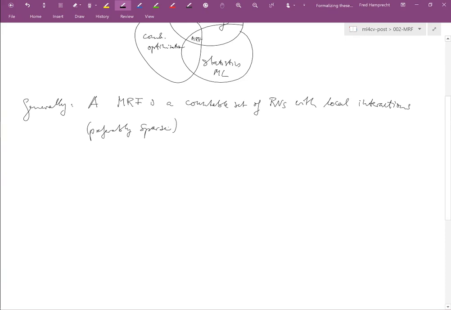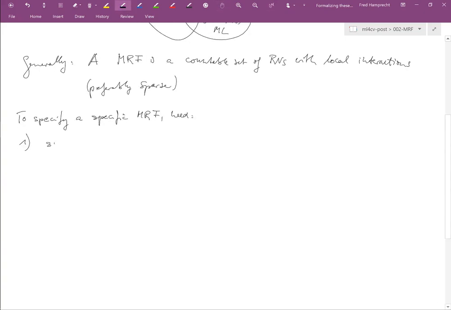So if each random variable interacts only with a few others. And to specify now a specific member of this family, we need to say precisely, on the one hand, what is our set of random variables?